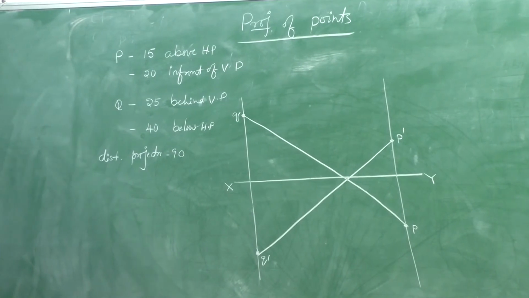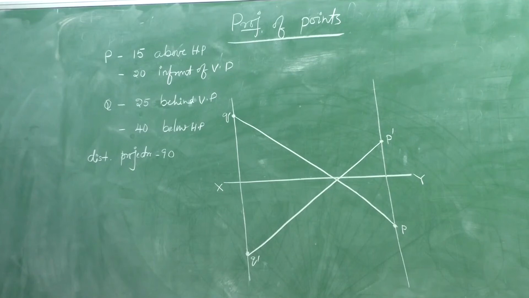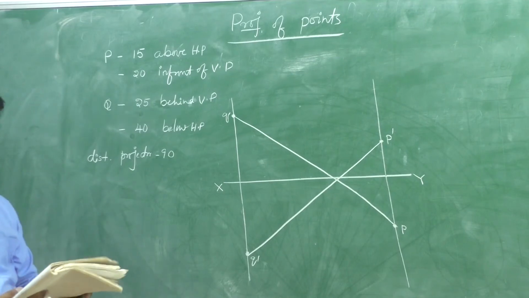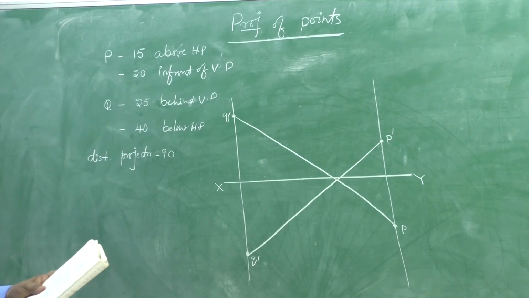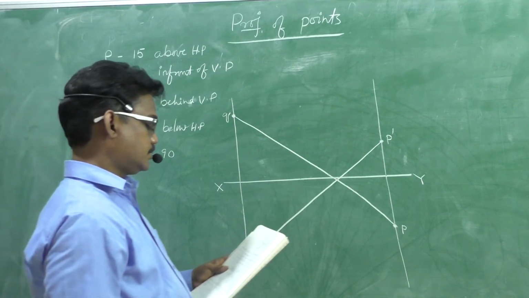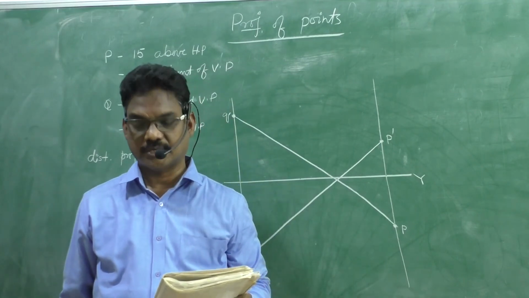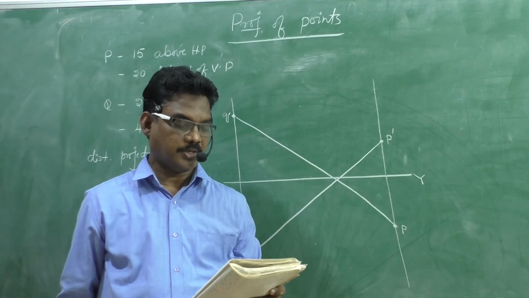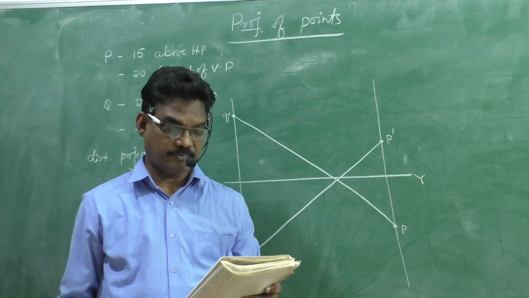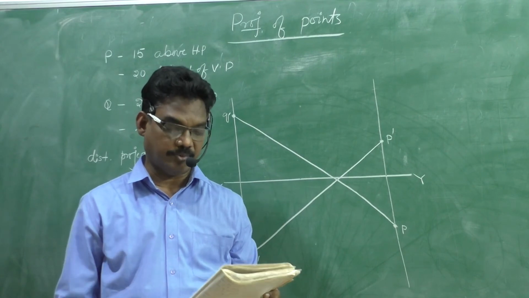Now we will go for another problem. Two points A and B are in the horizontal plane. The point A is 30 mm in front of VP, while B is behind VP.